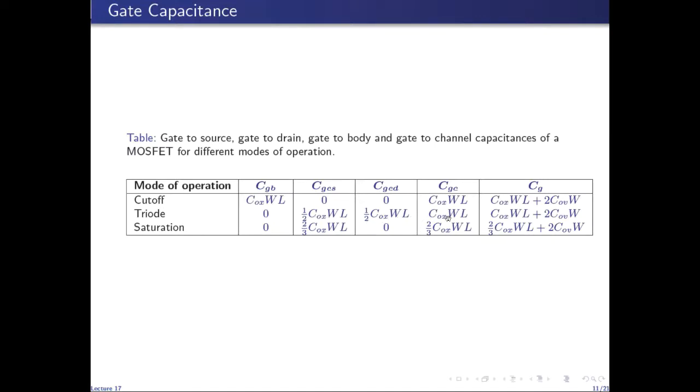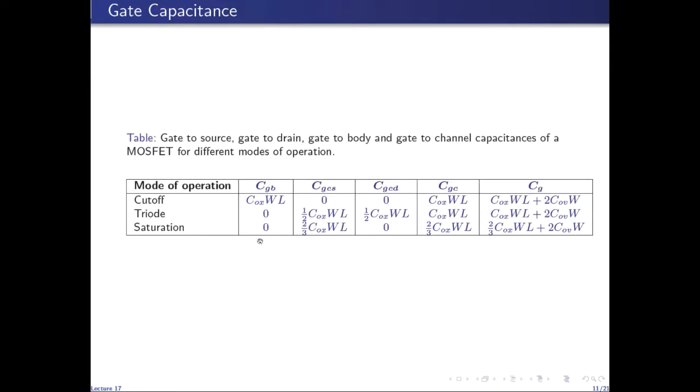And the sum of these three, which is again equal to Cox times W times L, gives us the total capacitance between gate and channel. And adding to this 2 COV W gives us the total gate capacitance in the triode mode, which is again equal to the gate capacitance in the cutoff mode of the device.